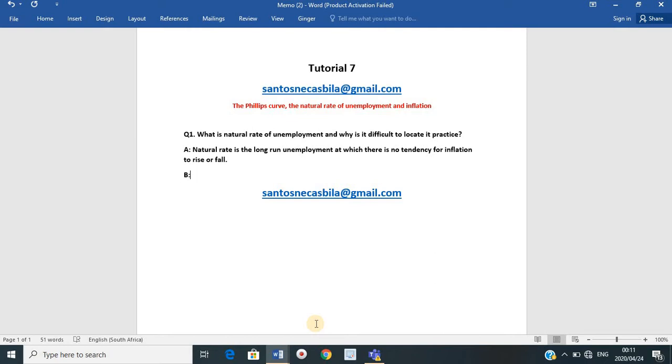All of these factors are not captured or controlled for when we go to the Phillips curve or the theory. But in practice they are there. So if we cannot control for all of these factors, it's not easy to locate the natural rate of unemployment in the real world or in practice.